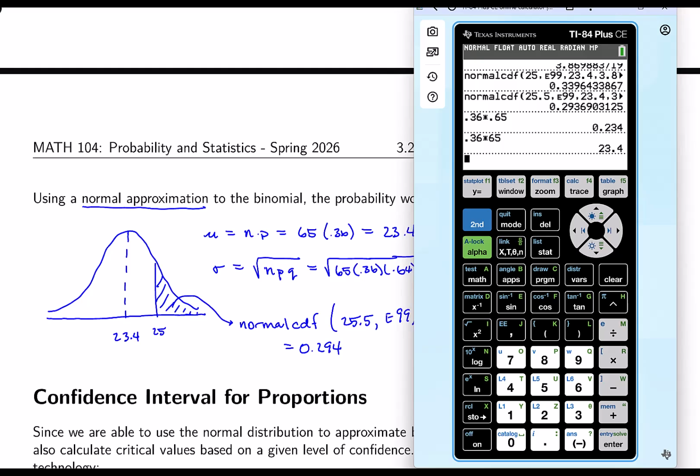Well, I guess we already did it with calculating the mean, but 23.4, that's much bigger than 5. So it's not even close. And then 0.64, which would be q times 65, is even larger because 0.64 is larger than 0.36. So these are both clearly much bigger than 5, so it meets those criteria.